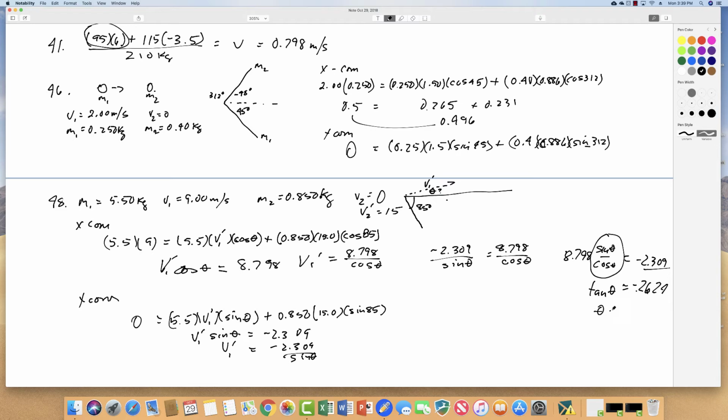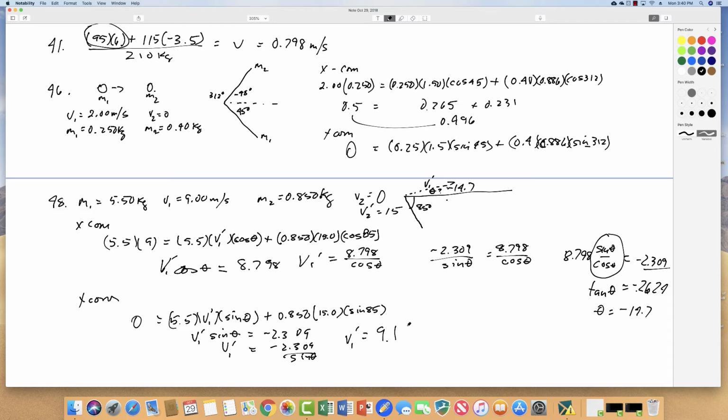So theta is equal to minus 14.7. Or you could write it as 360 minus 14.7, which is about 345. And if you substitute this into one of these equations, you end up with v1 prime equal to 9.1.